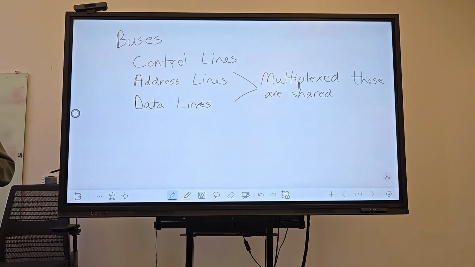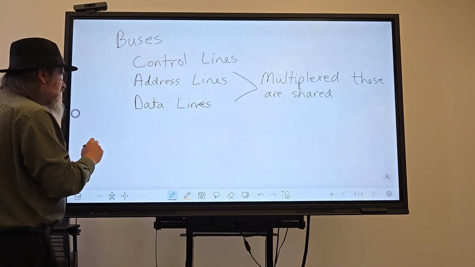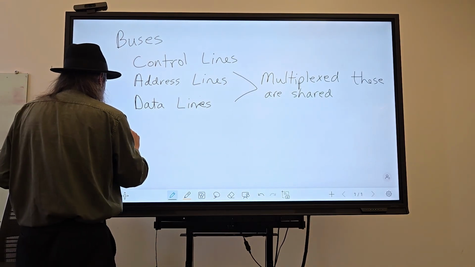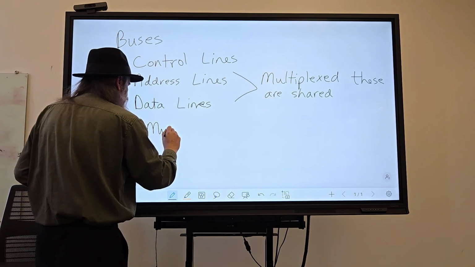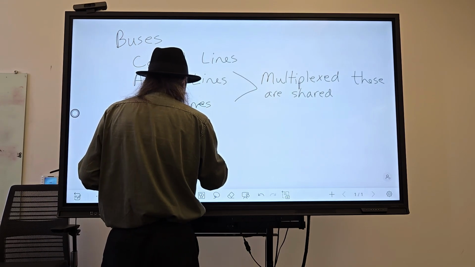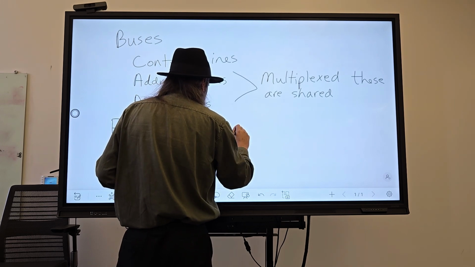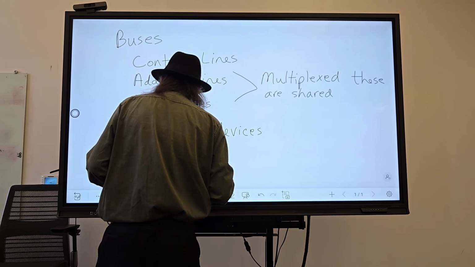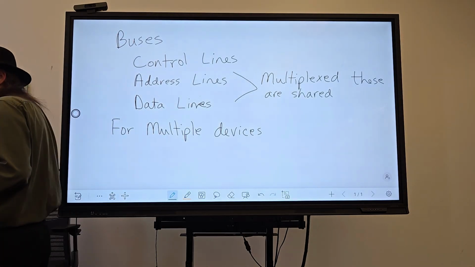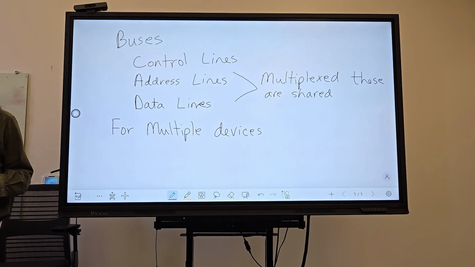One clock cycle will have the address, the next clock cycle will have the data for that address, that sort of thing. Now, these are typically shared for multiple devices. This is how you can have multiple devices communicating with one CPU.